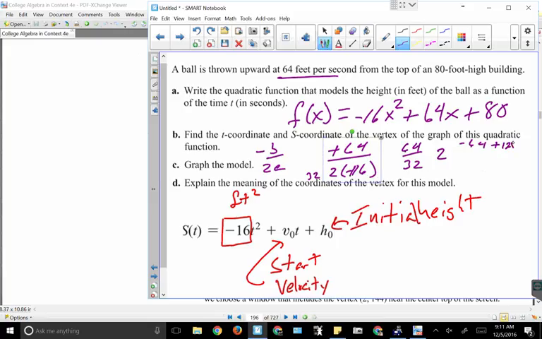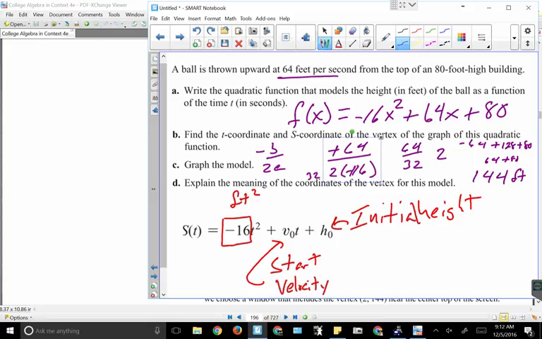Plus 128 plus 80. So that means that I got 64 plus 80. So the height of this thing should be 144 feet. So now I know the highest this thing is going to go is 144 feet. And I know that it's going to be 2 seconds after the beginning of it.